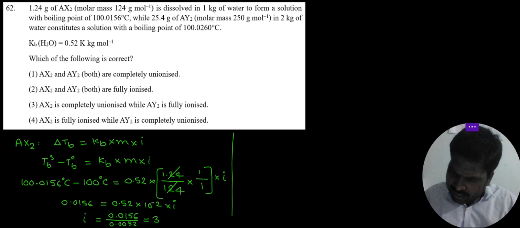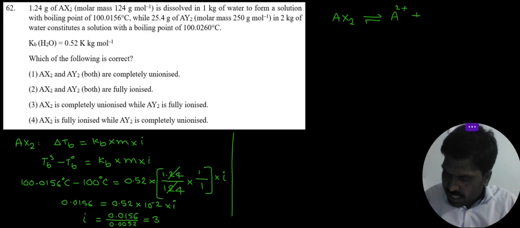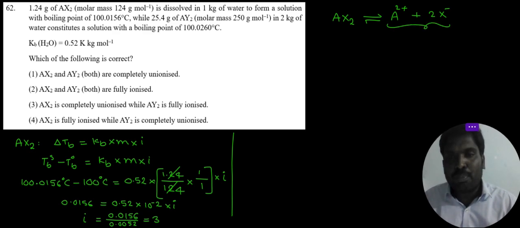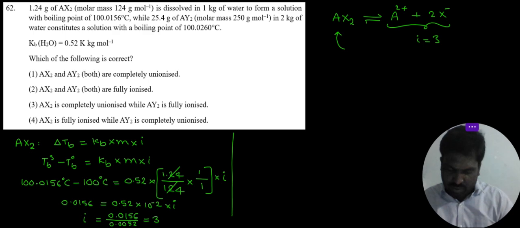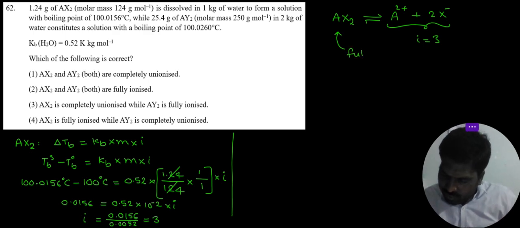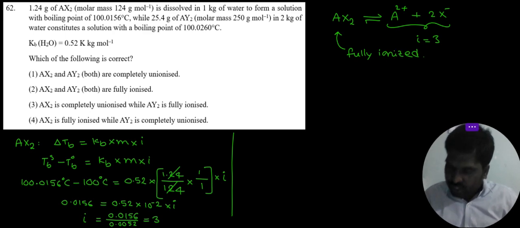Understood? i equals 3. I equal to 3 means AX2 dissociates into A2 plus and 2X minus. How many ions are these? A2 plus is 1 ion, 2X minus is 2 ions, so the i value is 3. That means it is completely ionized. Understood everyone? Fully ionized.